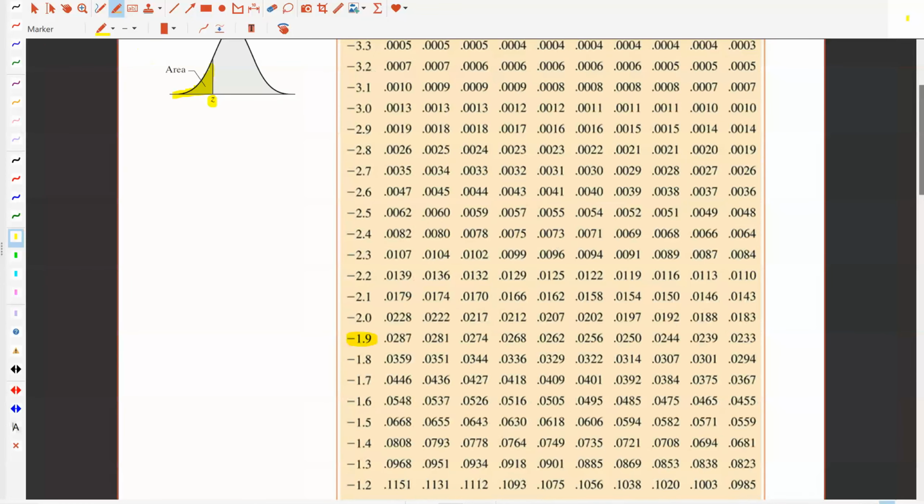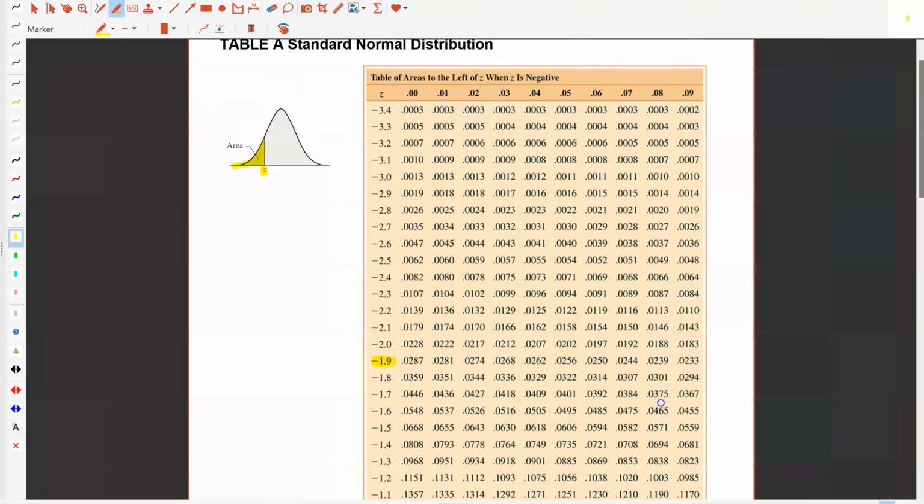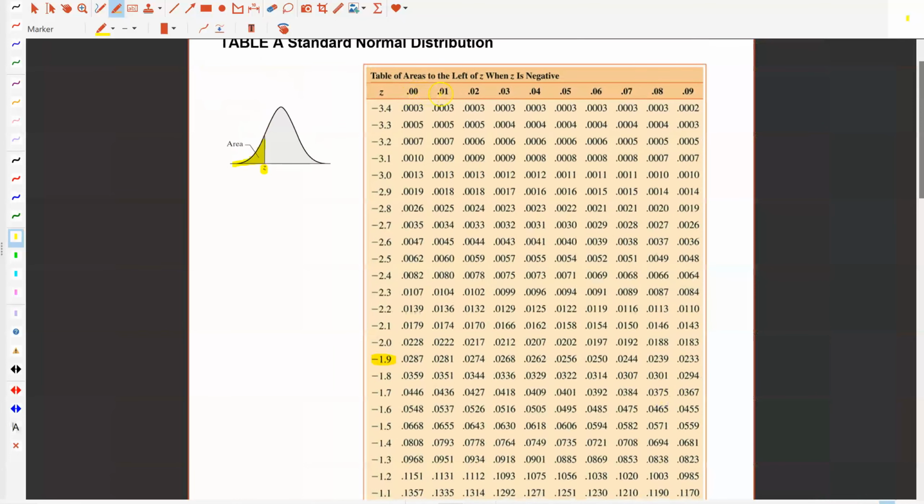Now if you look up here, let me zoom out. If you look up here at the top of this table, this is going to be what would be in the 100th spot for the z-score I'm working with. So I'm looking at negative 1.99, so I already have negative 1.9, and then here's the other 9 right here.